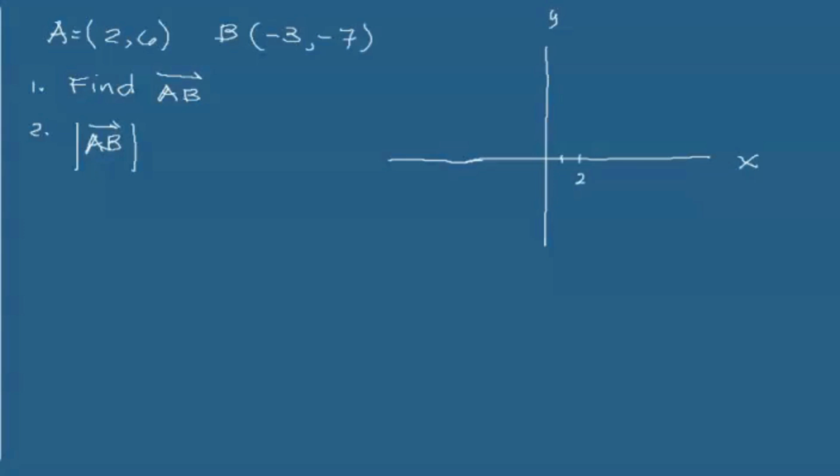So that's 2. So this is A. B is negative 3, negative 7.